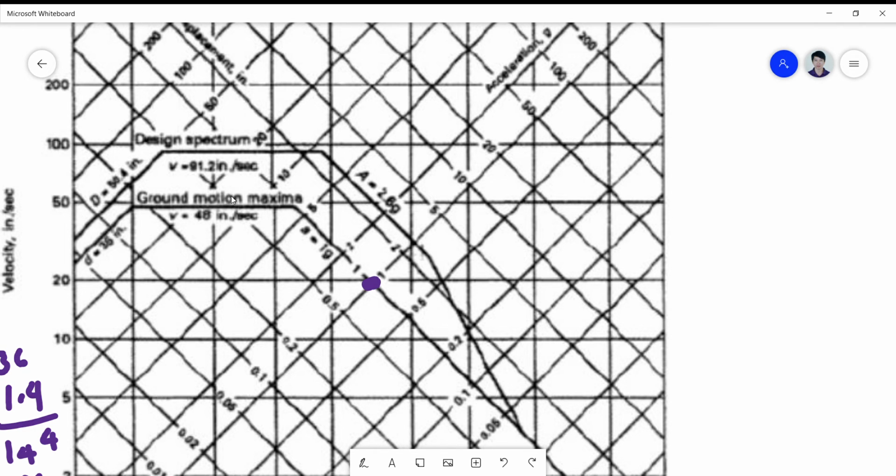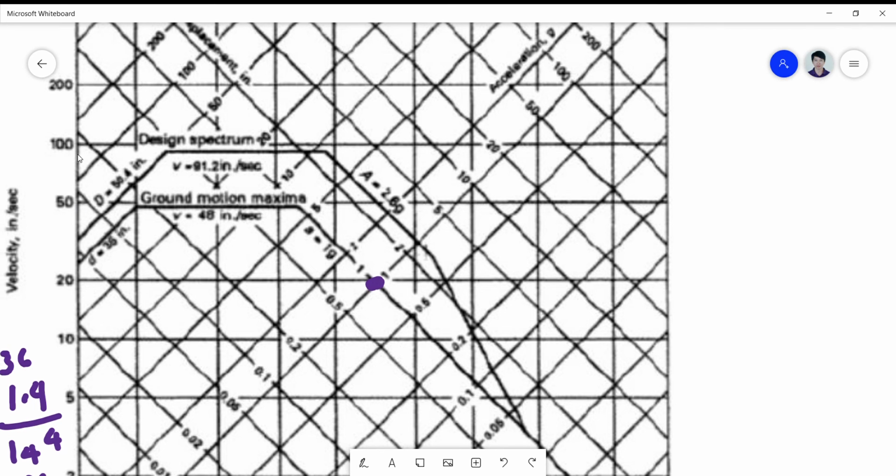Okay, so you just make an adjustment on this. So this is the velocity. So 48, and then you multiply it, and then you get the velocity there.